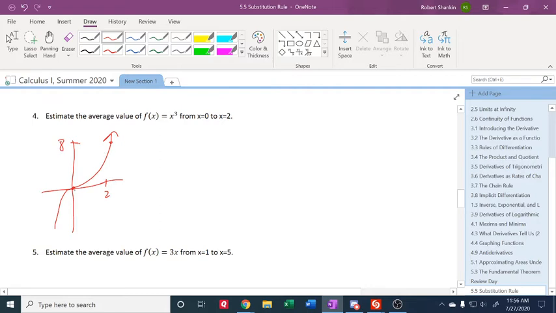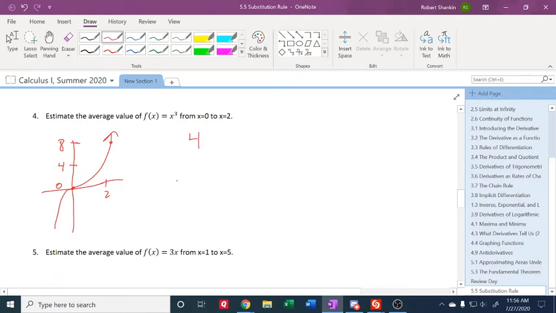At its low end, it's at 0, and at its high end, it's at 8. Its average, then, between the lowest height of 0 and the highest height of 8, I might think would be 4, because that's halfway in between. Do you agree with that reasoning? The average is 4.